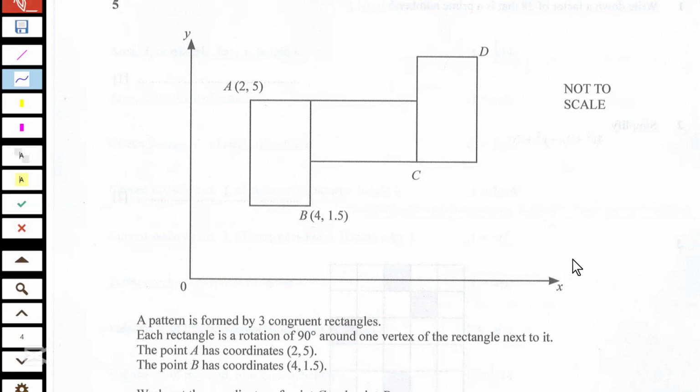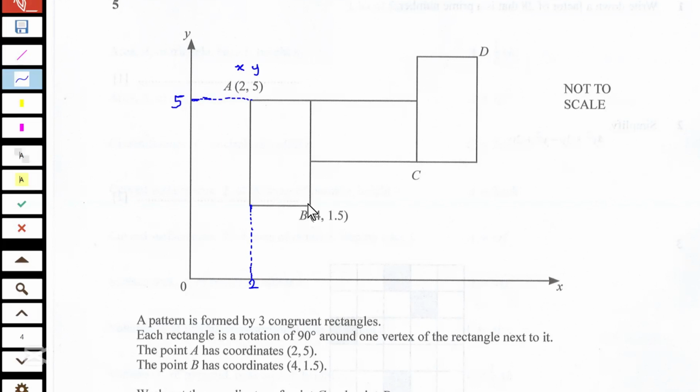Now, point A has a coordinate of 2 and 5. So the X and Y coordinate, this is X, the Y coordinate of 2 and 5. So which means on the X axis, we're going to have 2. On the Y axis, we have 5.